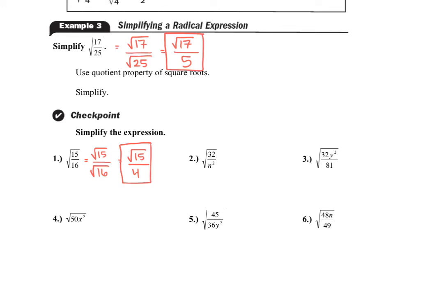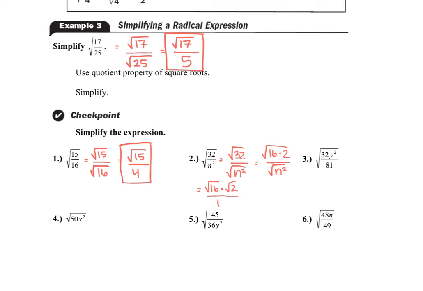Number 2, I'm going to write this as first the square root of 32 over the square root of n squared. All right, well, 32 could be written as 16 times 2, since 16 is a perfect square. And then over here I have the square root of n squared. All right, so this would be the square root of 16 times the square root of 2.